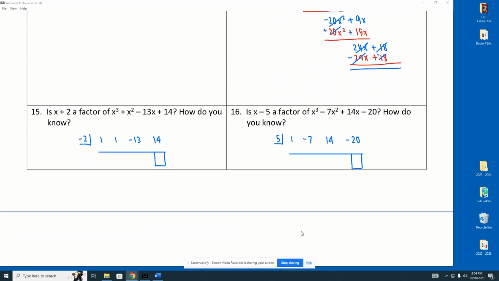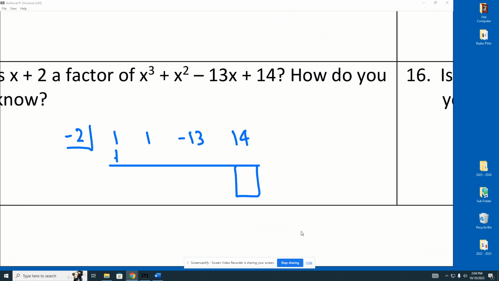And then the last two, I've got them set up. These are just asked a little differently, and we're simply checking to see whether or not it's a factor. So yesterday, remember, we said the key is the remainder. That's why I left that box there. If that remainder is 0, then sure enough, it's a factor. So here we go. Let's do this one. Let's bring down the 1.